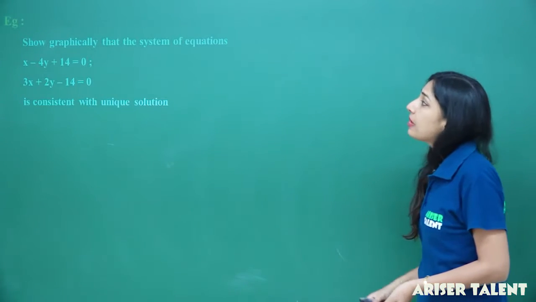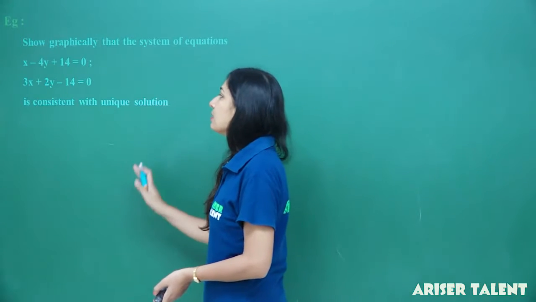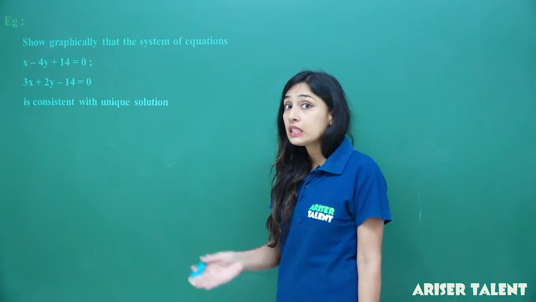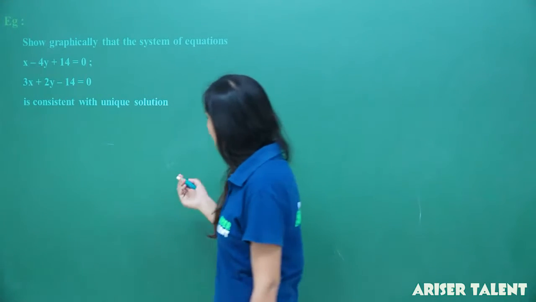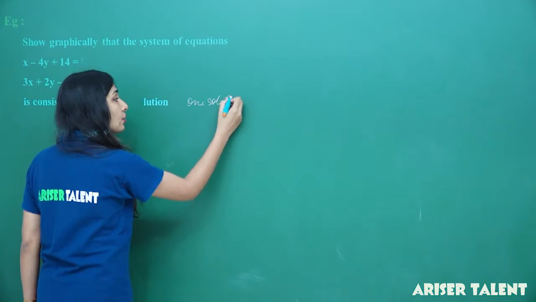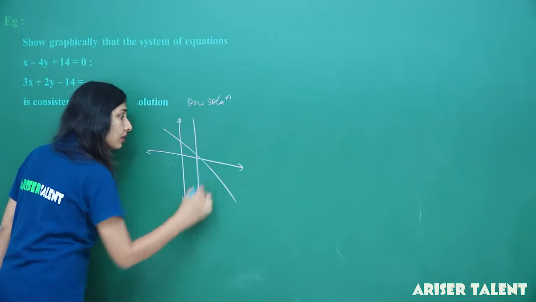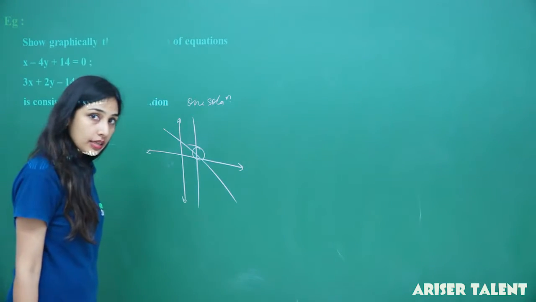Okay. Now example: show graphically that the system of equations this and this is consistent with a unique solution. Consistent with a unique solution means for sure it will have one solution. So that will be something like this, having this intersection point, students, right?